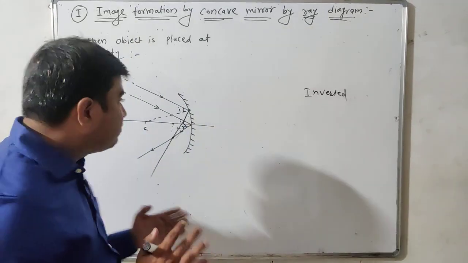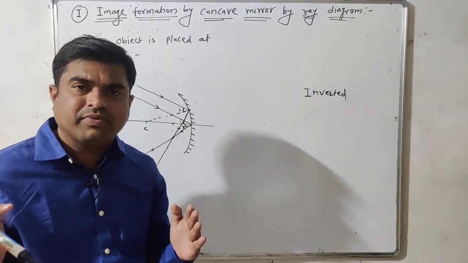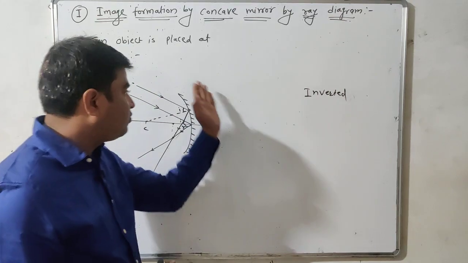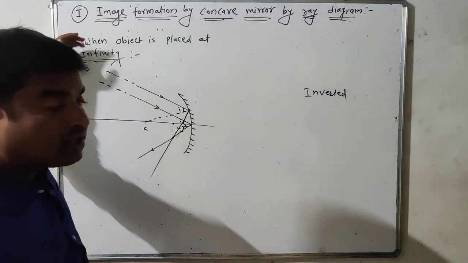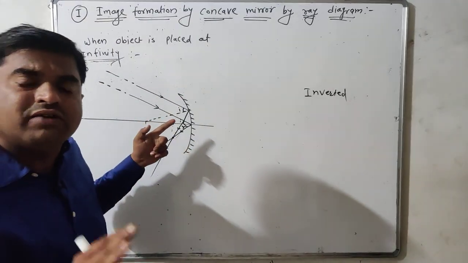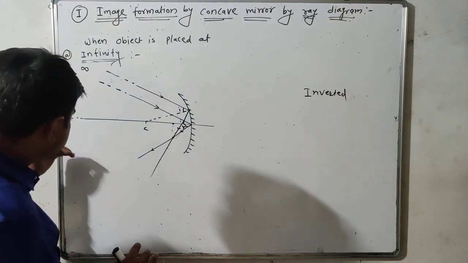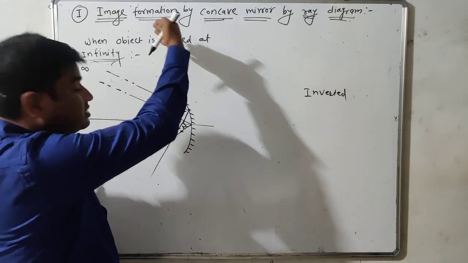Therefore, whatever may be the position of the object at infinity, its image will be obtained in the focal plane of the concave spherical mirror. If the object is located above the principal axis, then the image will be produced at the focal plane but below the principal axis. If the object is located below the principal axis, its image will be obtained above the principal axis in its focal plane.